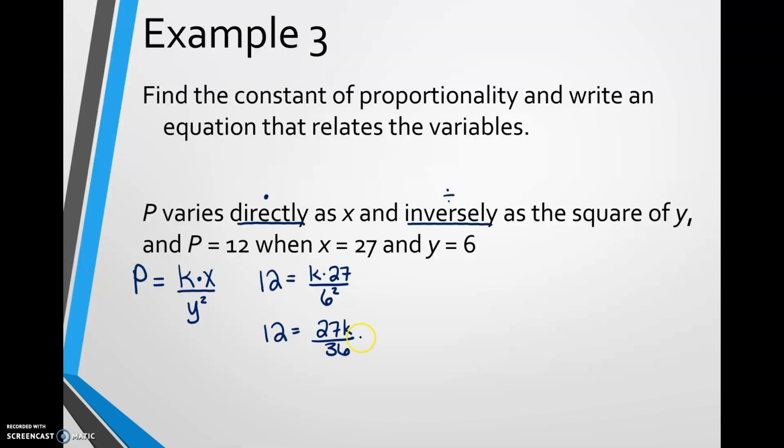It doesn't matter. I'm going to do this step by step because I think it makes more sense. I'm going to multiply by 36 on both sides to get rid of that. And 36 times 12, that's going to be something kind of big. 432. So if 432 is 27k, how do I figure out what k is? Divide by 27. So I'm figuring out that k is 16.